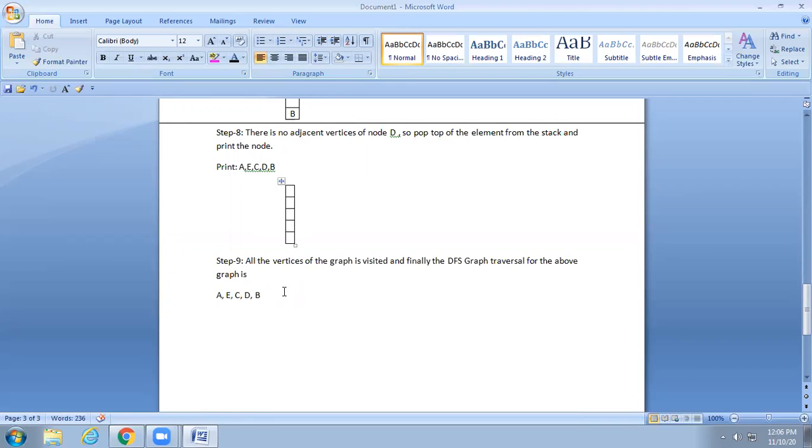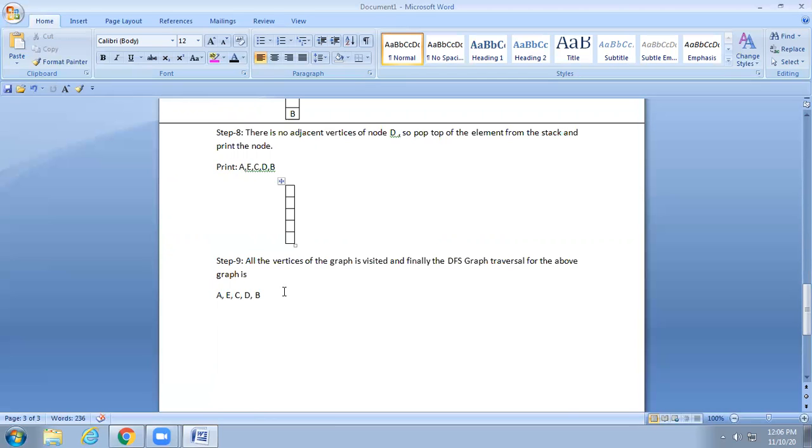Then go for the algorithm. How to write an algorithm for DFS graph traversal? What is the procedure to write an algorithm? First of all, I have not visited any node, so make all visit values 0. You have to take the top of the element always.